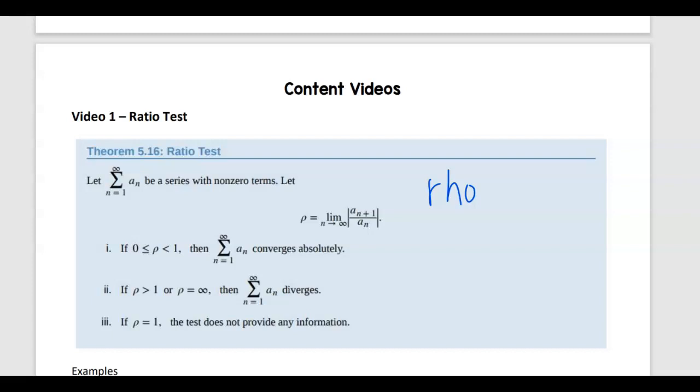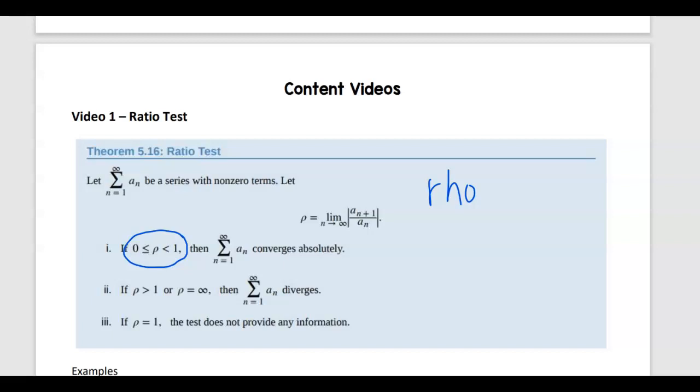And it says take the limit of the absolute value of the n plus 1 term over the a sub n term. And if it just so happens that that ratio ends up being smaller than 1, then we say that that series is going to converge absolutely.